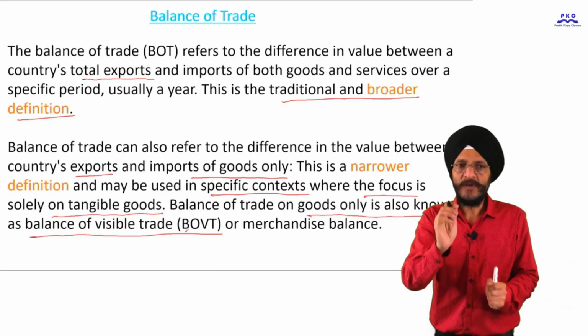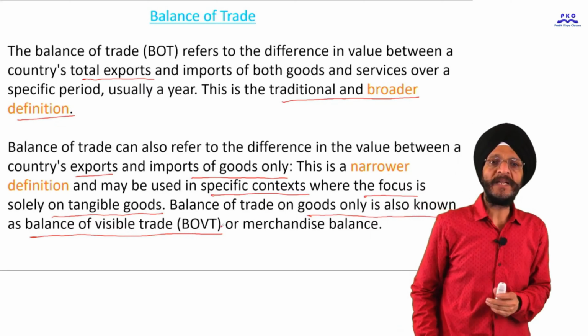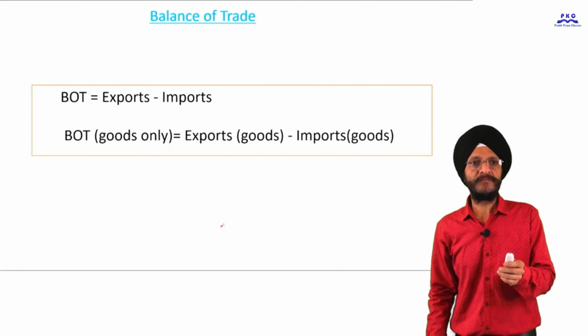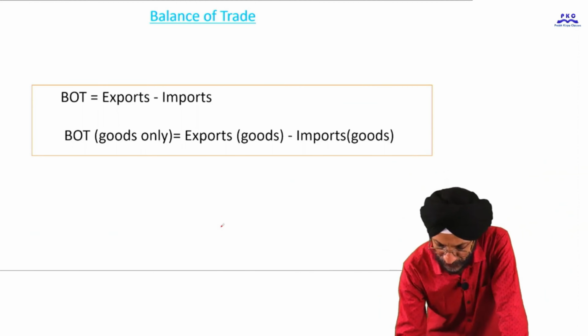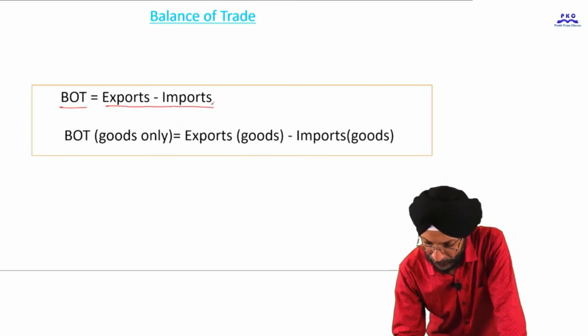So, the narrower definition of balance of trade is also known as balance of visible trade, BOVT, or merchandise balance. Merchandise means goods balance. So here, this is the formula for calculation of balance of trade: exports minus imports.